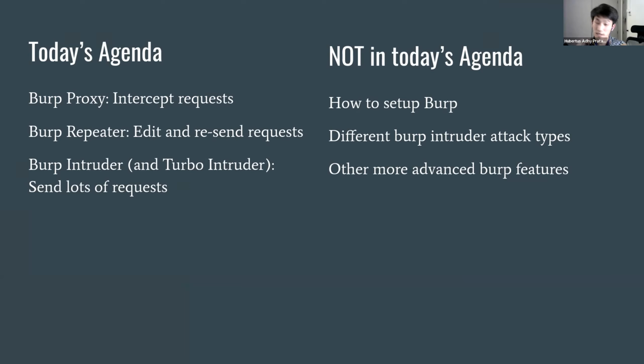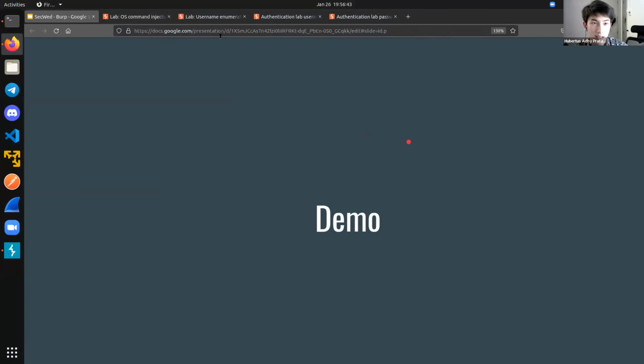But for us beginners, let's stick to the basics so that we can understand what's happening in the background, and later when we know what we are doing, we can start to automate stuff. Okay, so let's go to the demo directly.